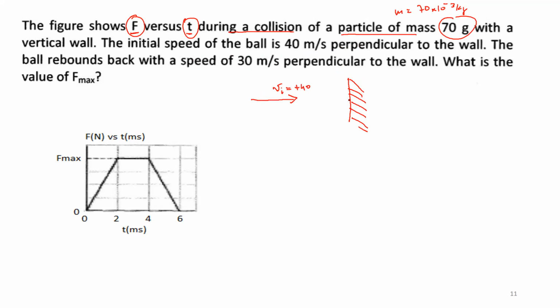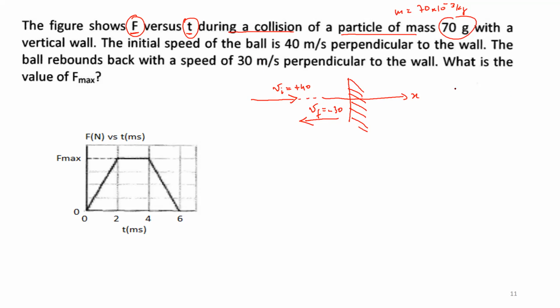And then it bounced against the wall and it goes back. Now, when the ball is going back, it will go perpendicular to the wall again. So here I say plus because, of course, my positive x-axis is going this way. Now, when I bounce back, V final will be equal to what? Minus 30. Okay, because it's 30, but in the negative x direction.